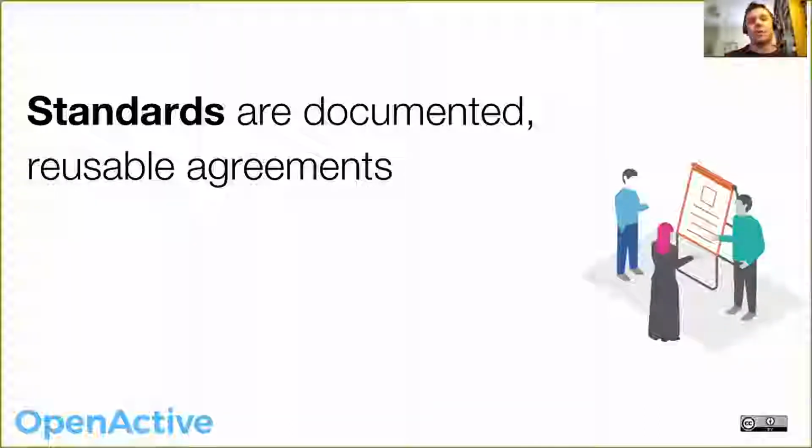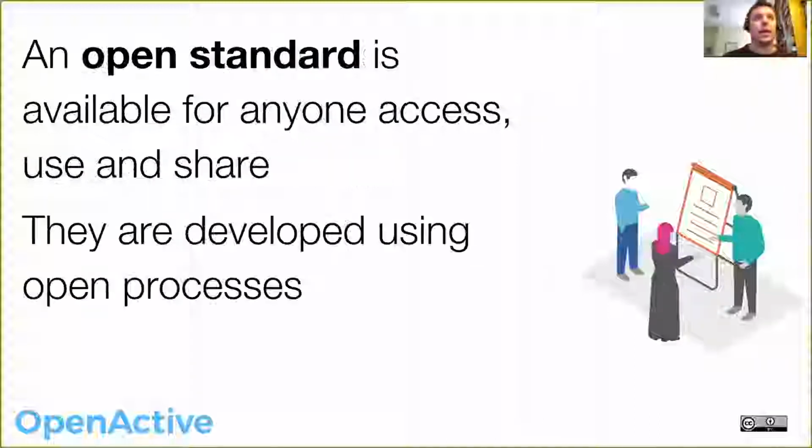So ignoring all of the technical sides of what a standard is, it's essentially just a documented, reusable agreement about how we're going to do something. Now, in OpenActive, we are building open standards. When we talk about open standards, we're using the word open in two slightly different ways.